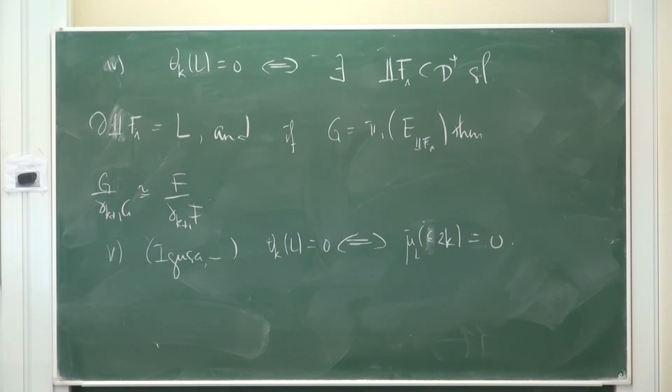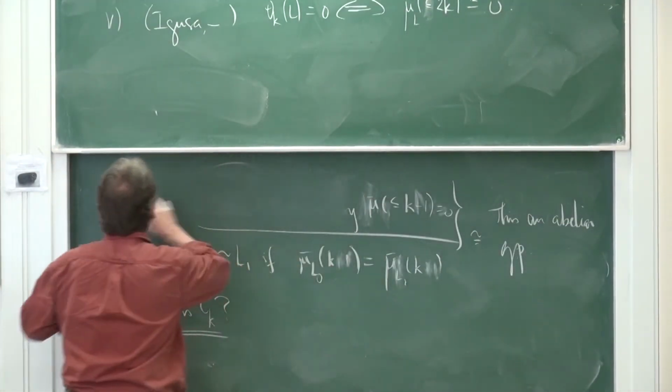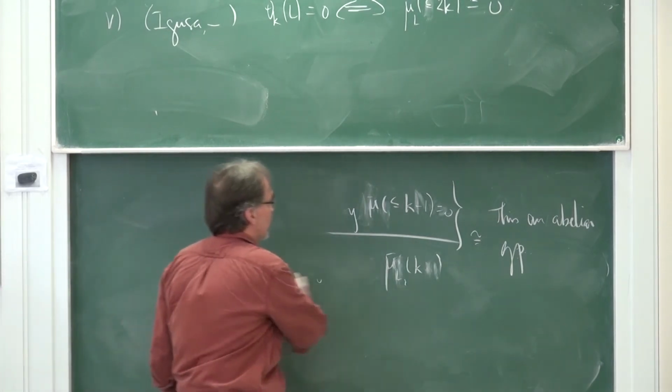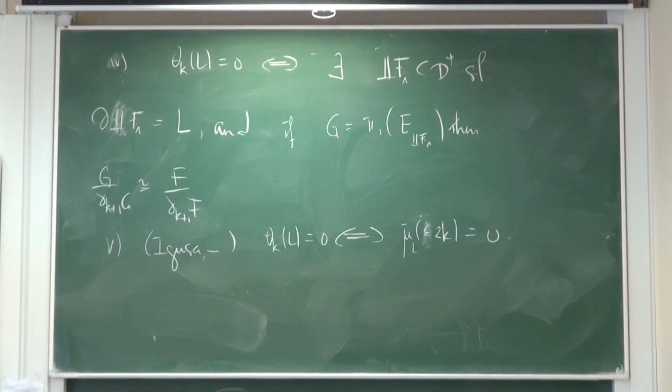Okay? Now what about question 3? That's the next place to go. Can we say anything at all? Well, we can say a little, because we made an observation that will help us. We talked about the pro-nilpotent completion.